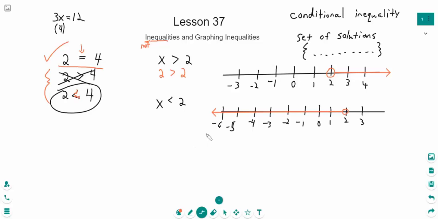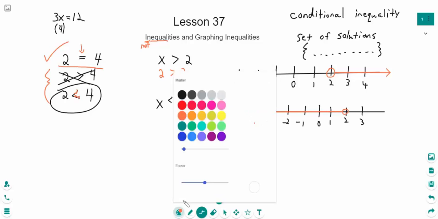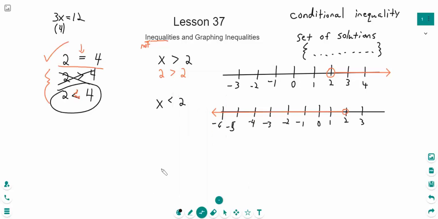All right? Very good. Now, the next thing, though, is sometimes it is desirable to include the 2 as part of the solution. So maybe I want x to be not only greater than 2, but maybe it's possible that a 2 would also work. All right. And to do that, we're going to introduce a hybrid of a couple of these symbols.